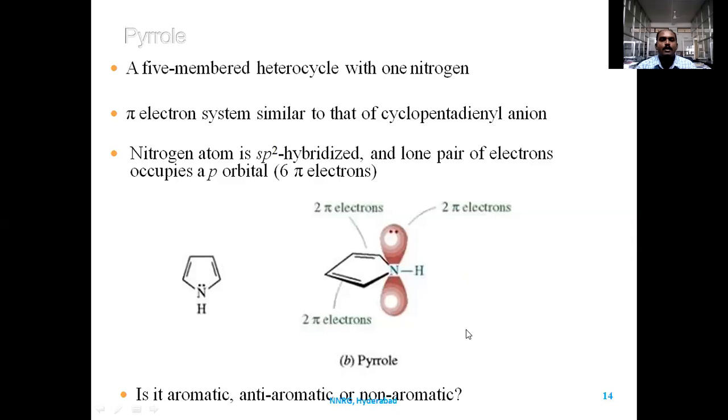When you come to pyrrole, pyrrole is a 5-membered structure with 1 nitrogen. The pi system is similar to that of the cyclopentadienyl anion.